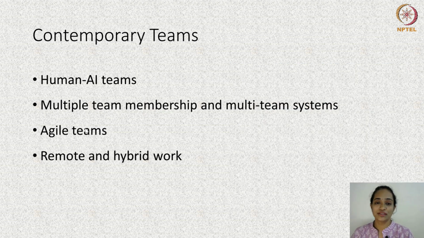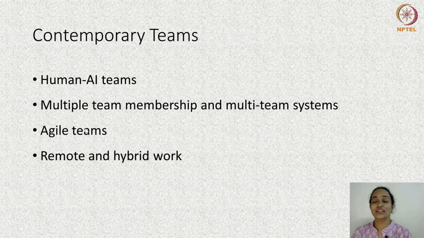In modules 3 and 4, we will be covering human AI teams, multi-team systems, agile teams, remote work and hybrid work. If we go back to the IPO model, we would see that a team which has a very drastic change in composition are human AI teams.